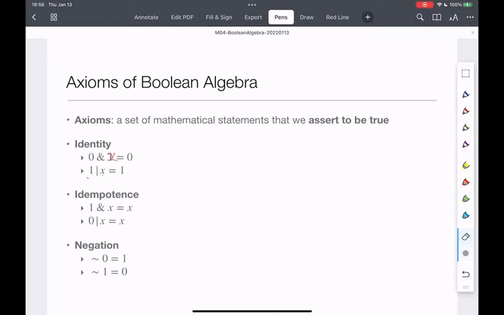Not 0 is 1, not 1 is 0, right? So we are basically defining these 6 possible things, and intuitively they mimic each other. Okay.